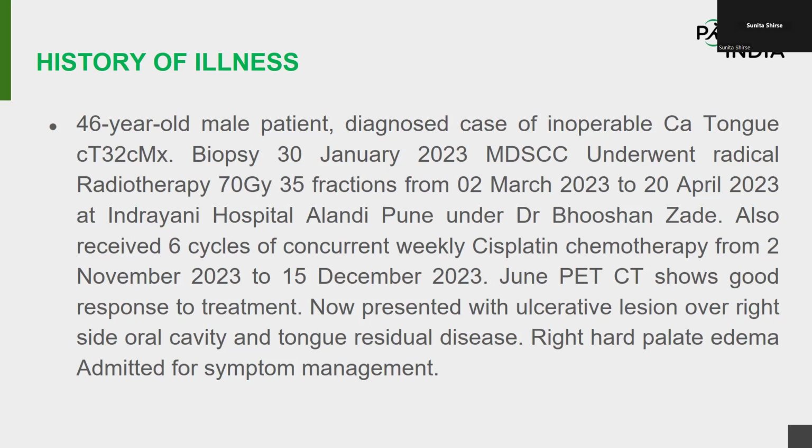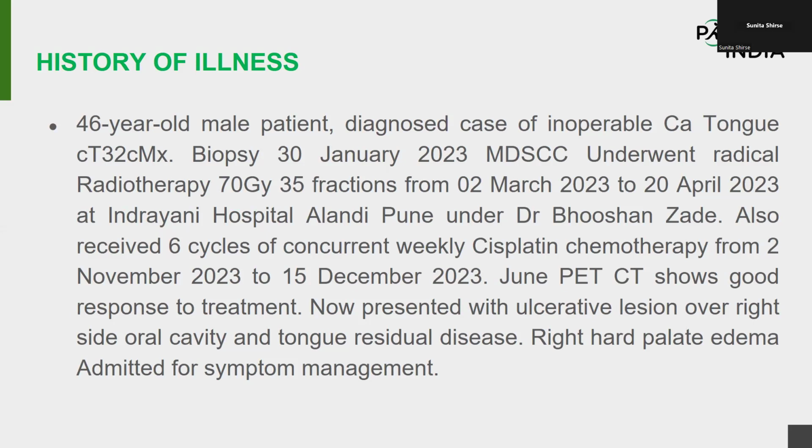He received radical radiotherapy 70 Gy in 35 fractions from 2 March 2023 to 20 April 2023 in Indrayani Hospital, Anandi, Pune, under Dr. Bhushan Jade. Also received 6 cycles of concurrent weekly cisplatin chemotherapy from 2 November 2023 to 15 December 2023. June PET scan shows good response to treatment.